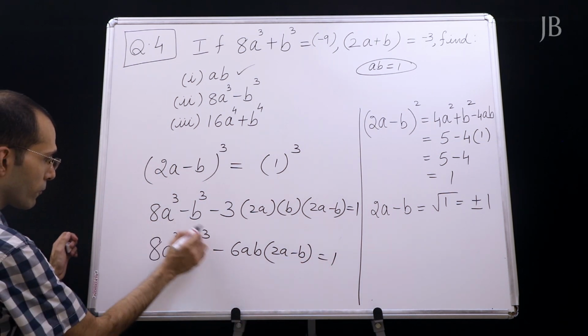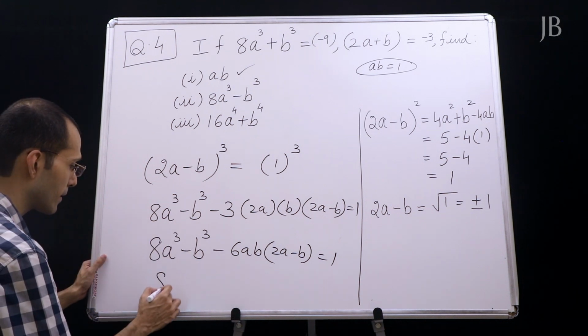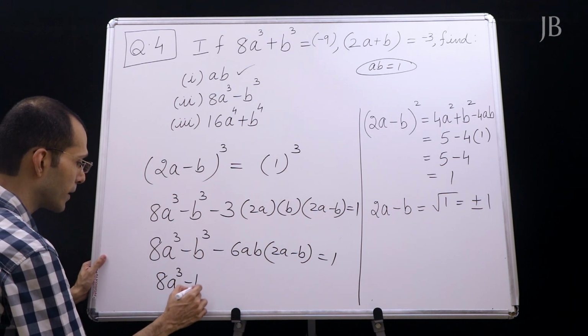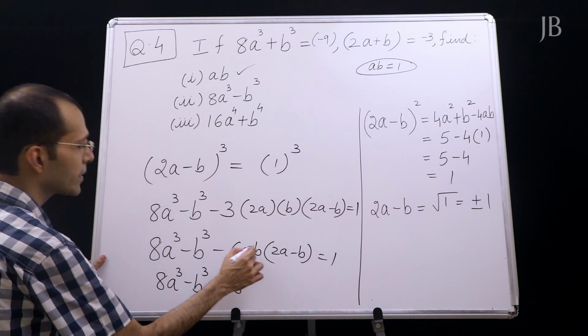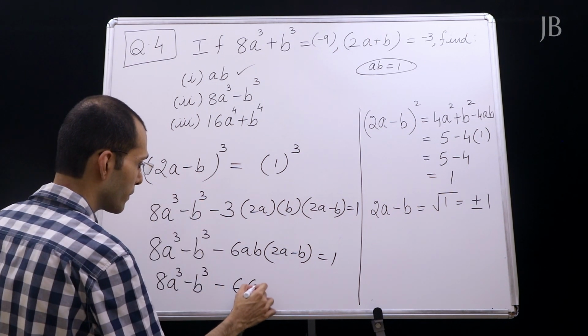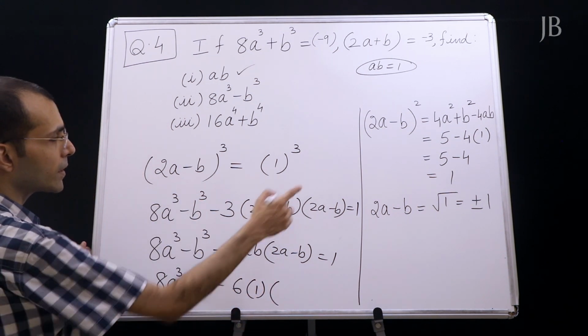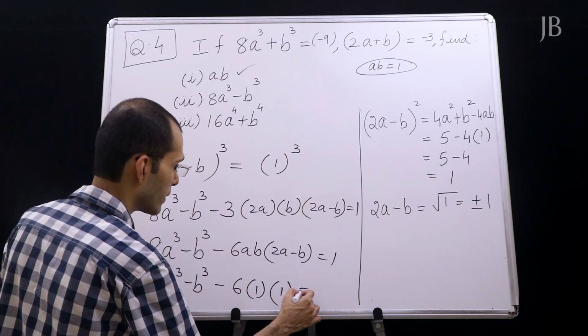This is what we want to find out. So keep it as it is. So 8a cube minus b cube, substitute, ab was 1 if you recall, and 2a minus b is also 1, is equaling 1.